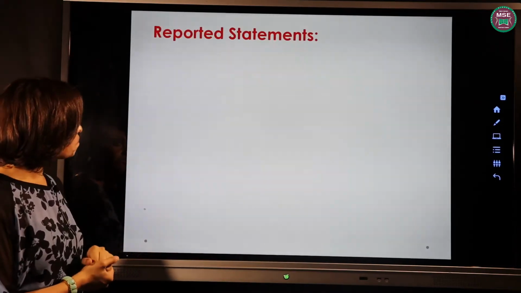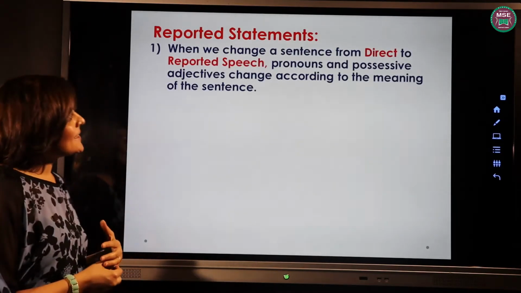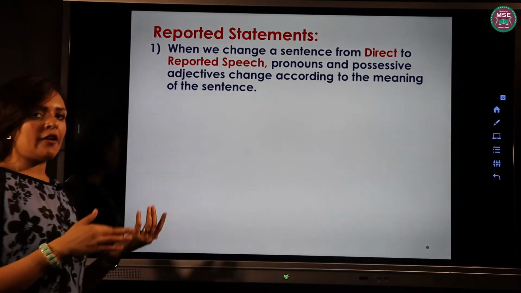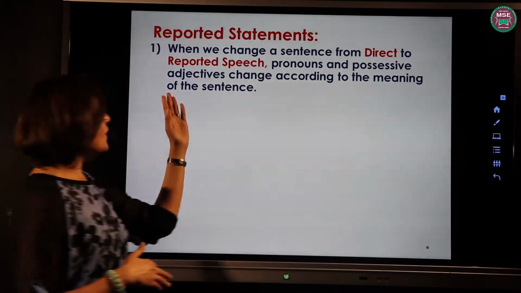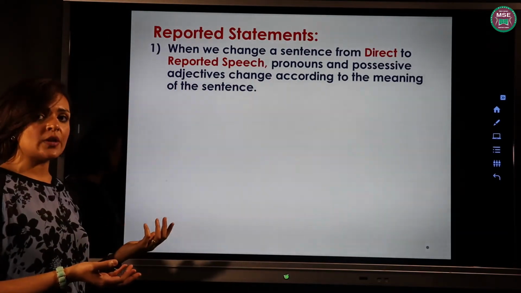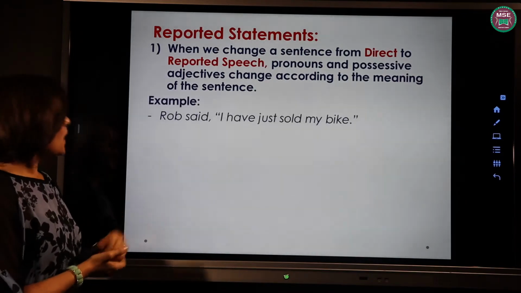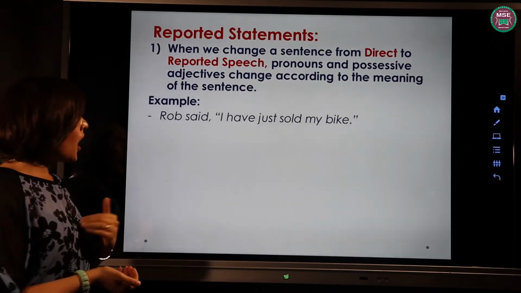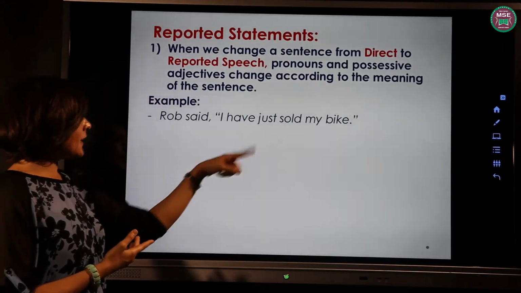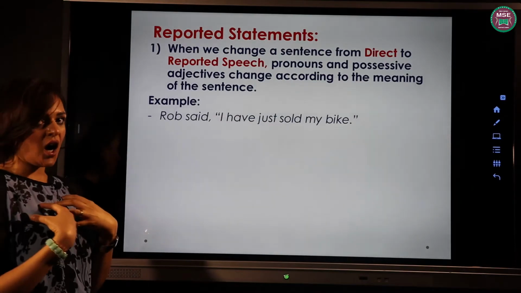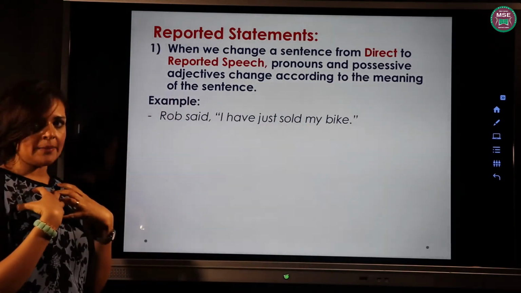Okay, when we change a sentence from direct to indirect, from direct to reported speech, pronouns and possessive adjectives must change according to the meaning of the sentence. Let's see an example to explain. Rob said, "I have just sold my bike." Here, Rob is speaking about himself, so he said I. And he speaks about his bike, so he says my bike.